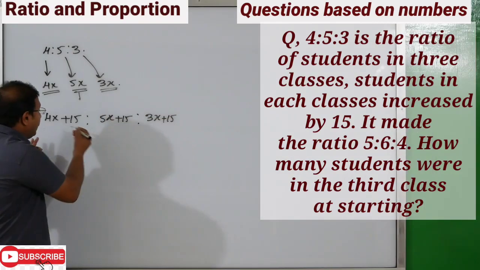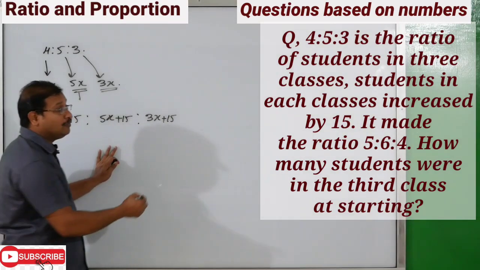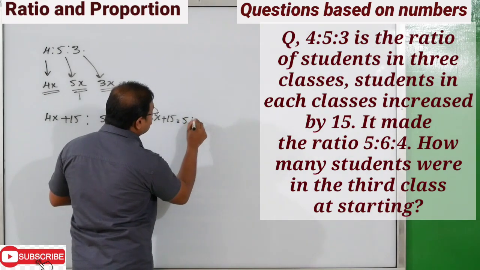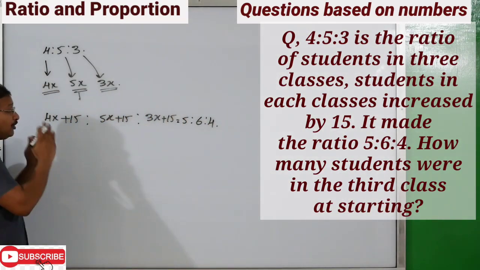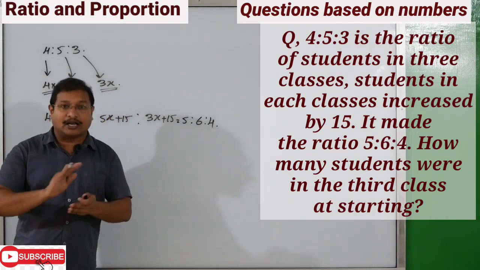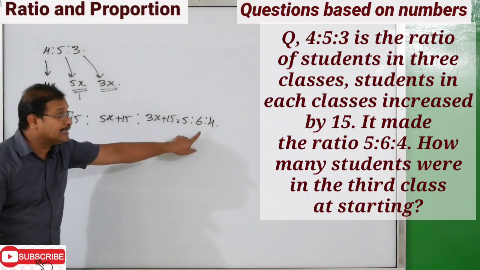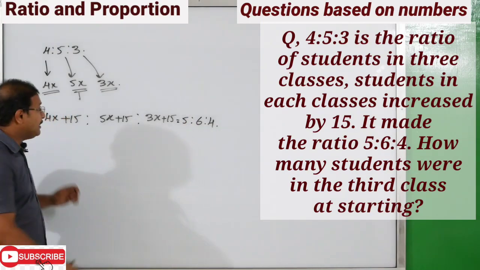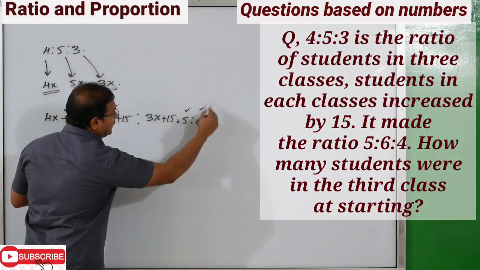But they give that after adding 15 in each class, the ratio becomes 5 is to 6 is to 4. Ready? Now what will we do? First, second, here we will take the first and second.